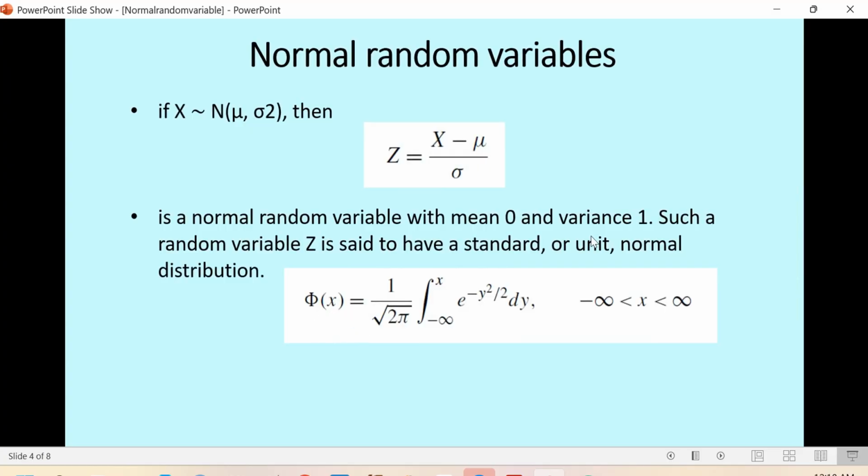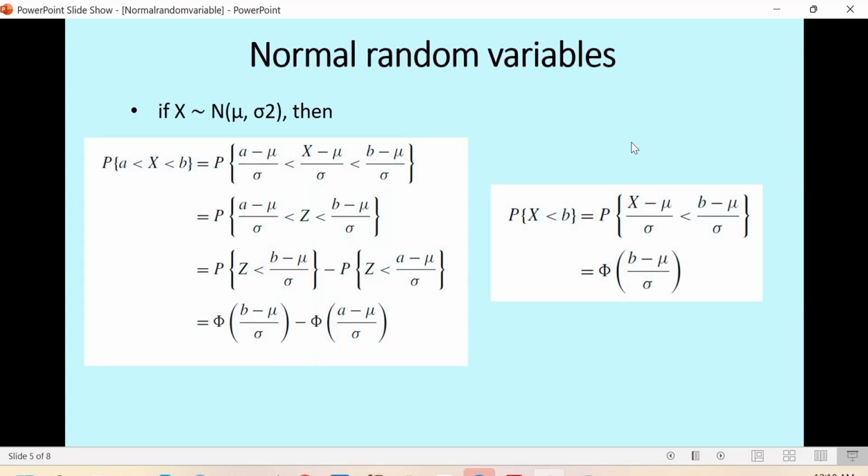This phi of x is very useful, because if we want to calculate the probability of the random variable x between a and b, where x follows this normal distribution with mu and sigma square, then this probability is the same as phi of (b minus mu) divided by sigma, minus phi of (a minus mu) divided by sigma.